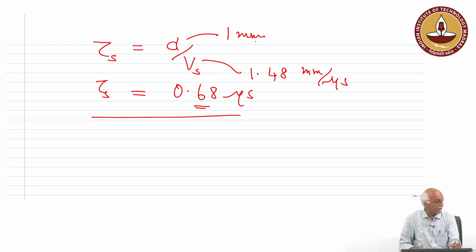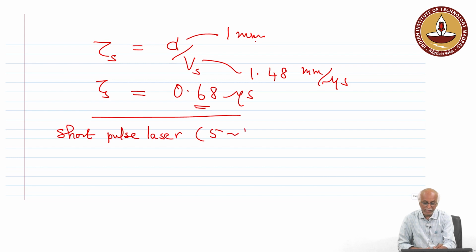So let us say the laser fluence, we are using a short pulse laser. When we write short pulse laser, the pulse width is approximately 5 to 10 nanoseconds, and the fluence is given as 12 millijoule per centimeter square.